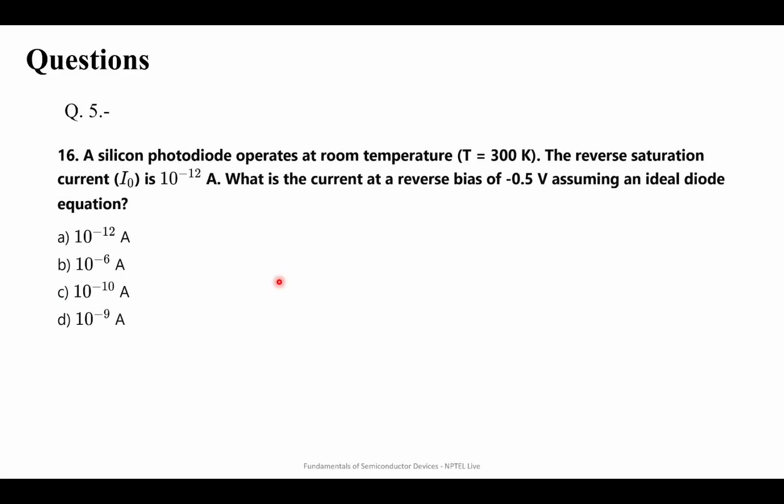So this is a simple numerical. A silicon photodiode operates at room temperature, that is 300 Kelvin. The reverse saturation current I naught is 10 to the power minus 12 amperes.